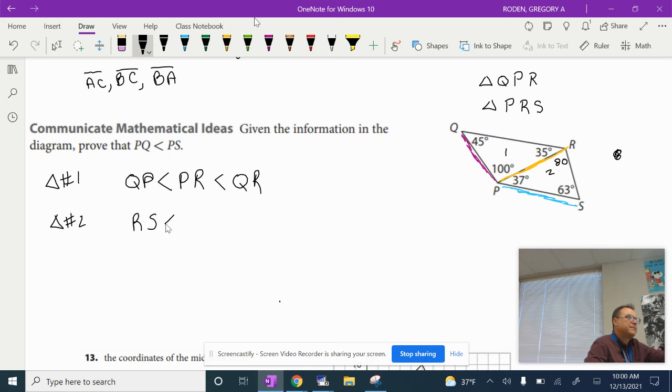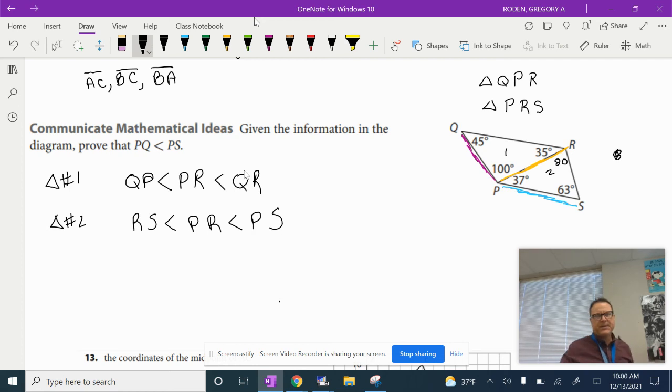Because it's opposite of 37 degrees. Yep. What's next? PR. Why is that? Because it's the next longest one. Yep. And keep going. PS. Okay. Does everyone agree with that?